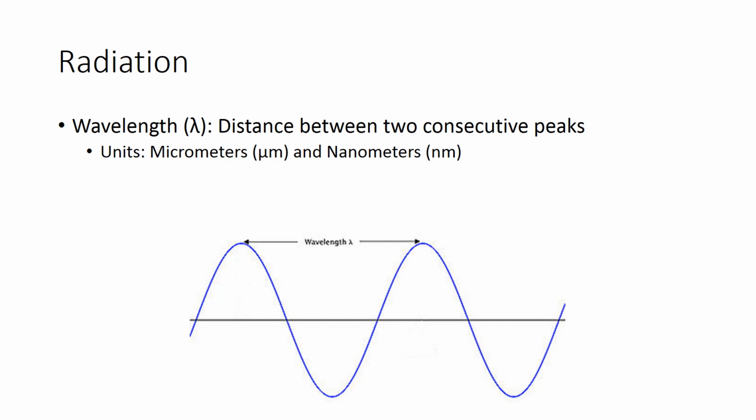And so we usually use really small units, either micrometers, and a micrometer is 1/1,000,000th of a meter, so really tiny, or nanometers, 1/1,000,000,000th of a meter. One other thing I'll say is that us nerds in the meteorology world, and in the physics world as well, like to use the Greek letter lambda for wavelengths.